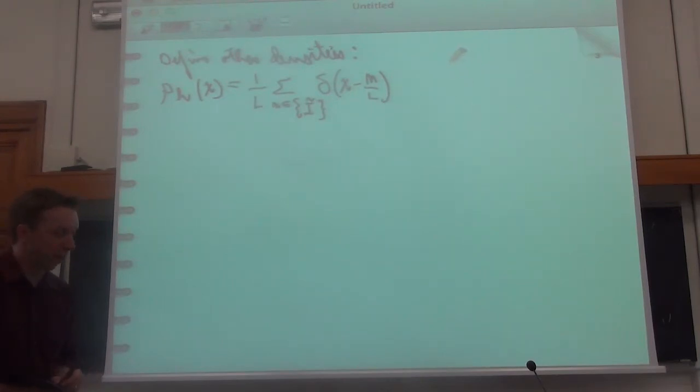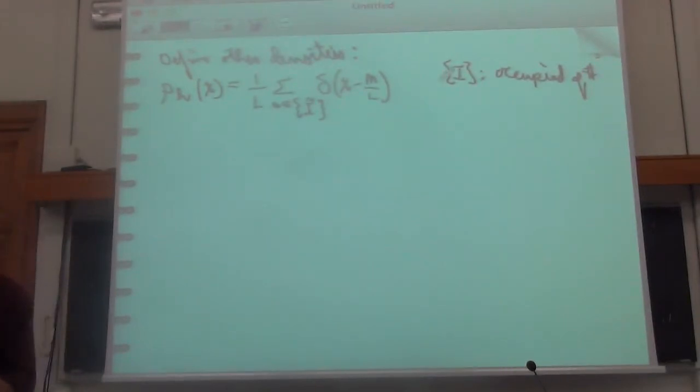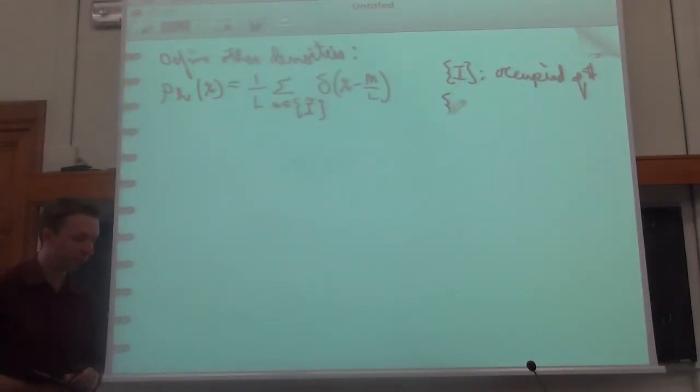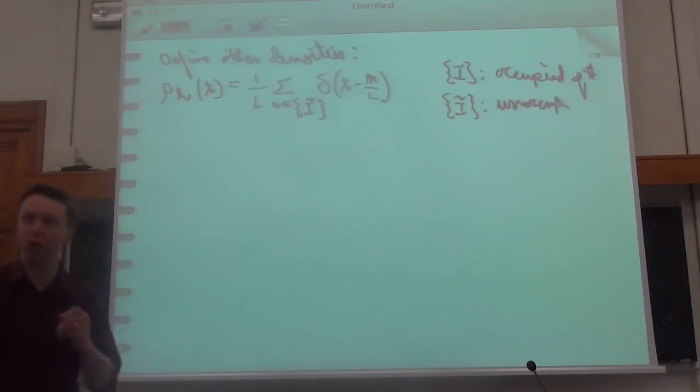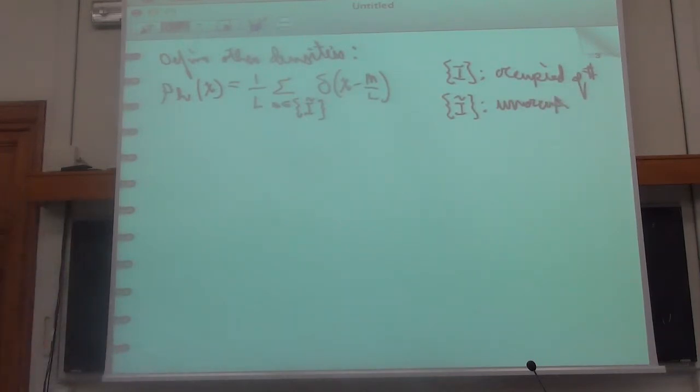I are the occupied quantum numbers. So they are the particle quantum numbers. I tilde are the unoccupied. So these are the hole quantum numbers.